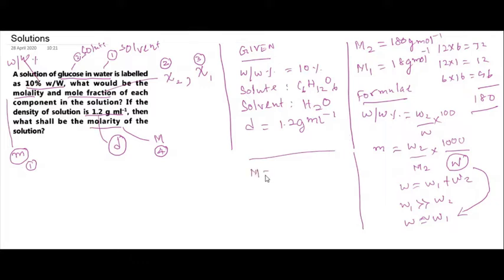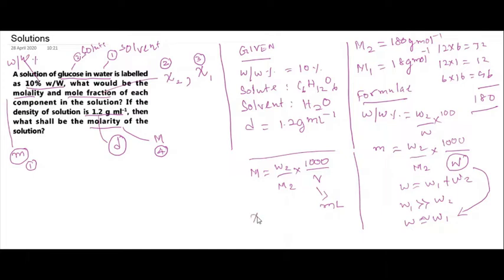Molarity is given by W2 by M2 into 1000 divided by V, where V is the volume of the solution in ml. Please note down this point, 1000 divided by V. And density and mole fraction you should know.